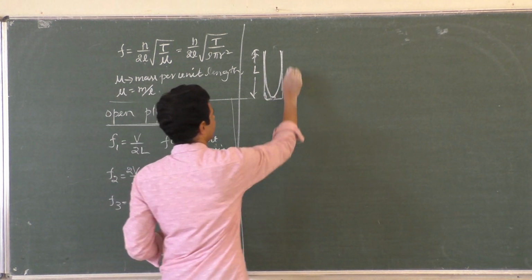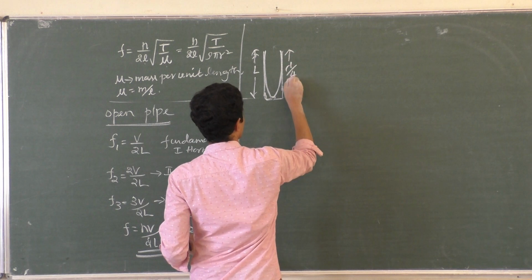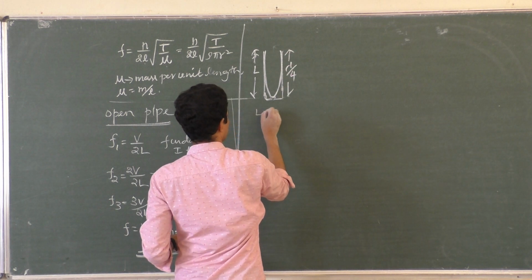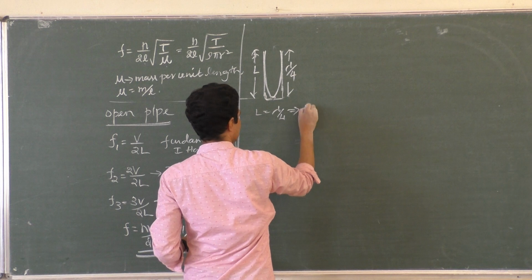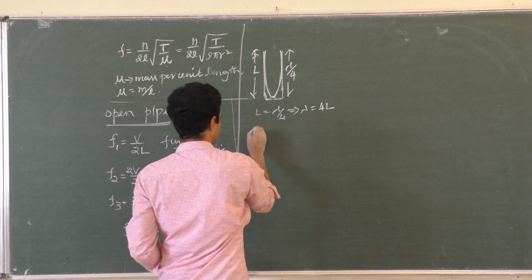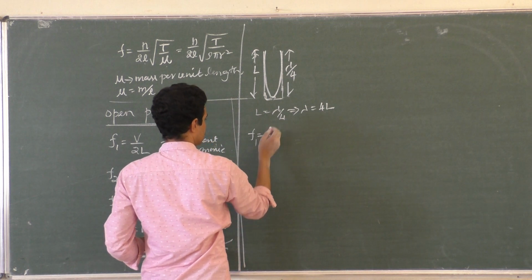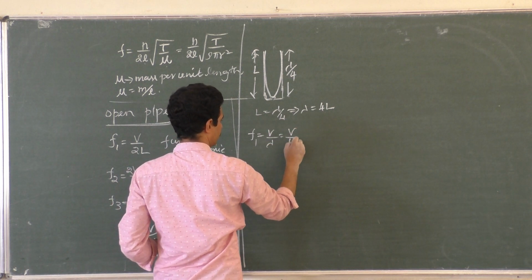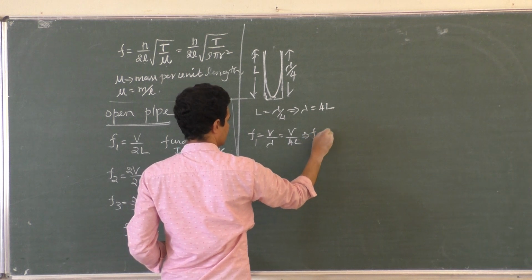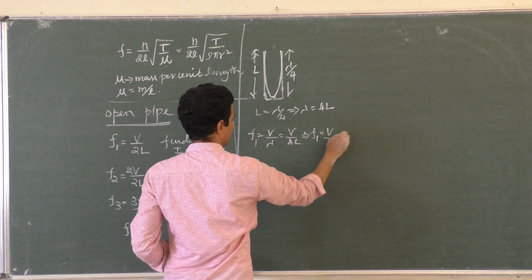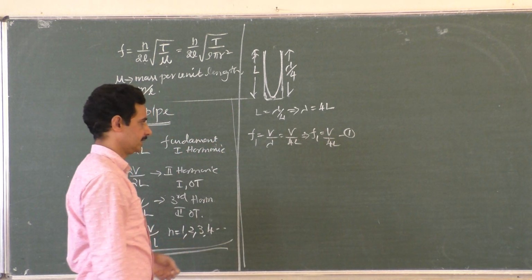Now what is this length? Length of the pipe is lambda by 4. That implies lambda is equal to 4L. So what is the fundamental frequency of vibration, F1? F is equal to V by lambda, V by 4L. So F1 is equal to V by 4L. This is called fundamental frequency.